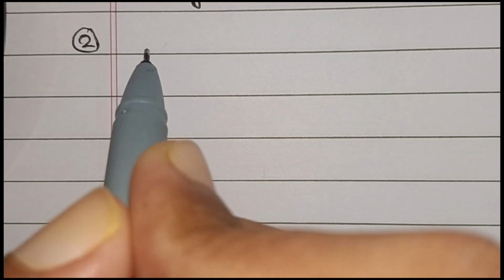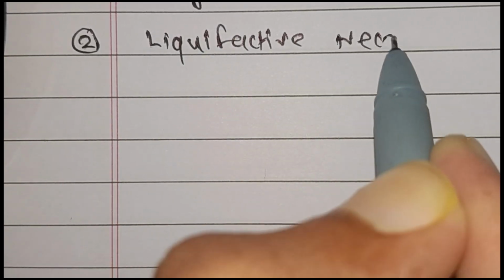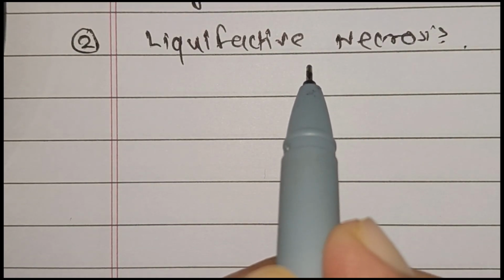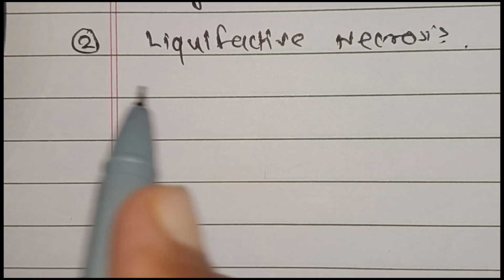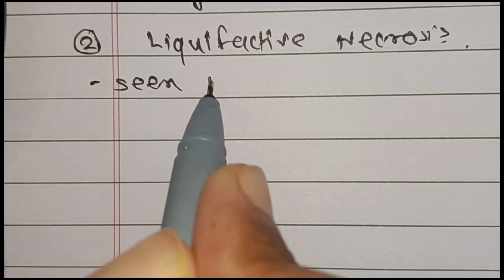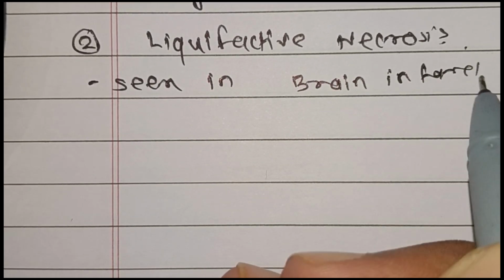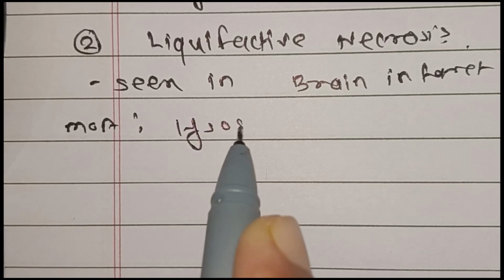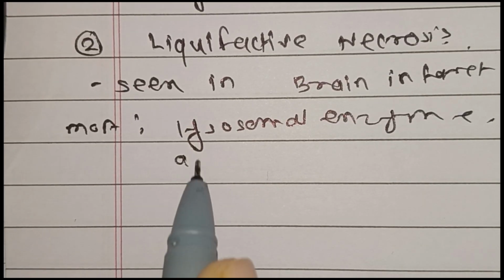Our second type of necrosis is liquefactive necrosis. Liquefactive necrosis is seen in brain infarct. The mechanism of action of liquefactive necrosis is lysosomal enzyme activation.